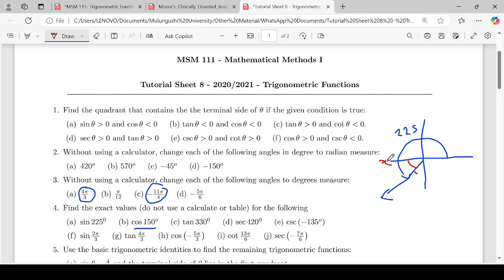I almost made the mistake. I wanted to say the helping angle is this. Okay, so that's wrong. The helping angle is right there. So we have our 225 and then the helping angle is there.